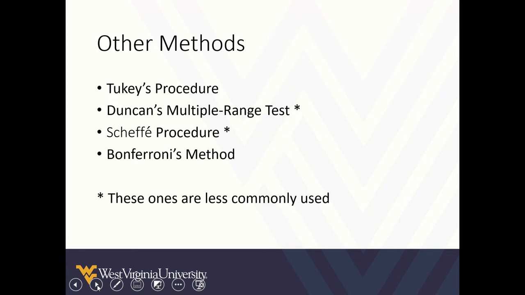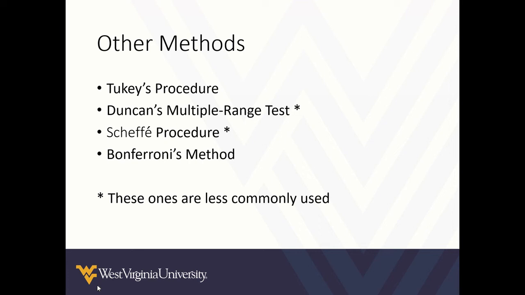As I said before, there are many methods for doing a post hoc comparison: Tukey's method, Duncan's multiple range test, Scheffé's test, and the Bonferroni method. The two in the middle are not commonly used.